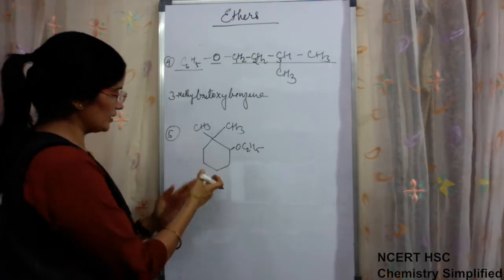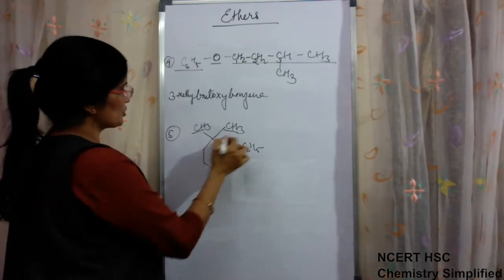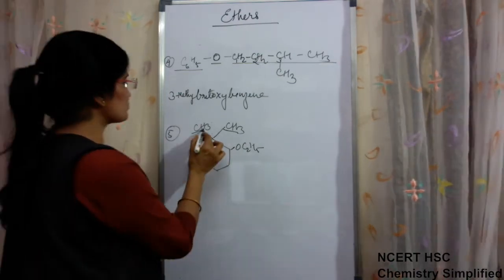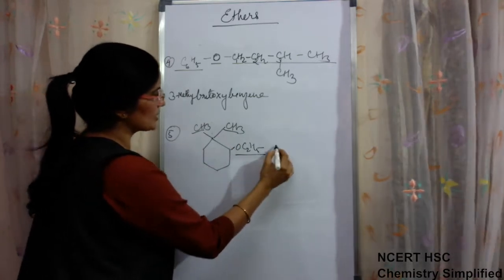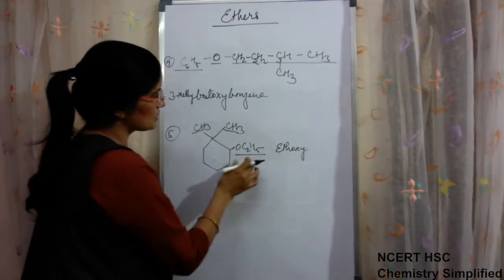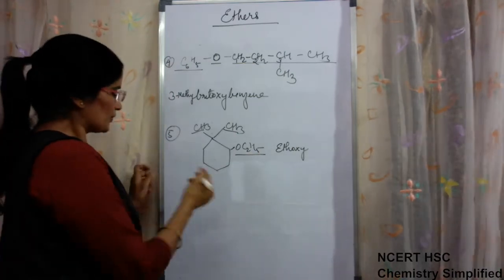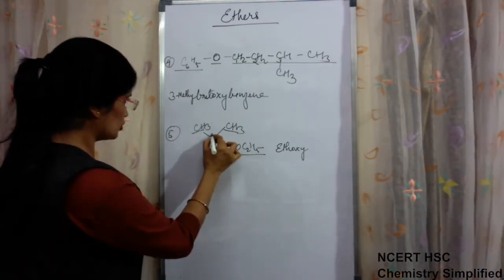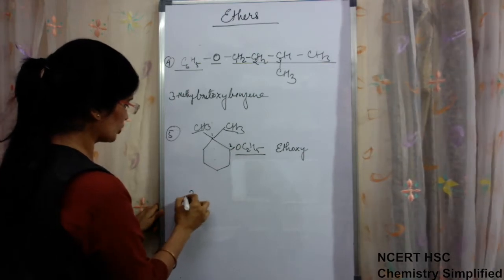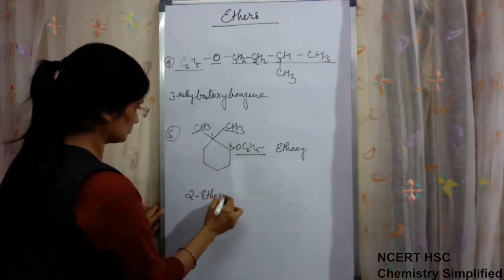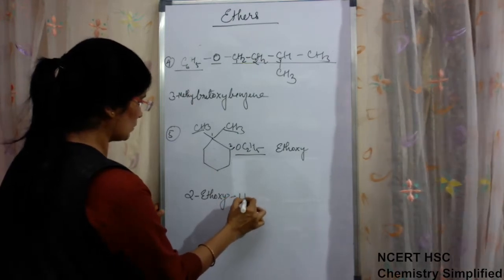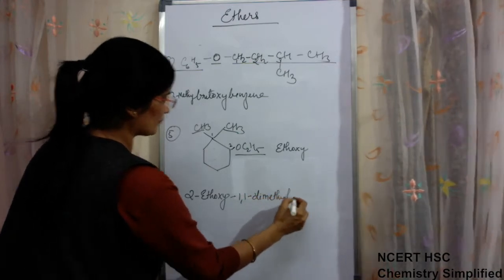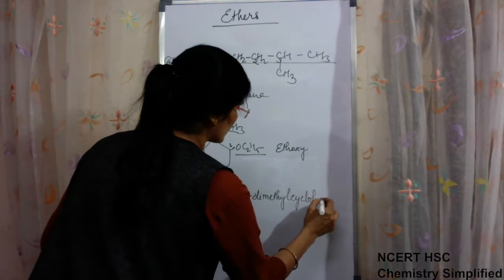Similarly, if we see here, there are two substitutions on this cyclohexane ring. So the main name will be according to cyclohexane. Two substituents are attached on this position and this is ethoxy. This part is the ethoxy part. Okay. Now it will be methyl, dimethyl. So it is position 1, position 2, 2-ethoxy, 1,1-dimethyl cyclohexane.